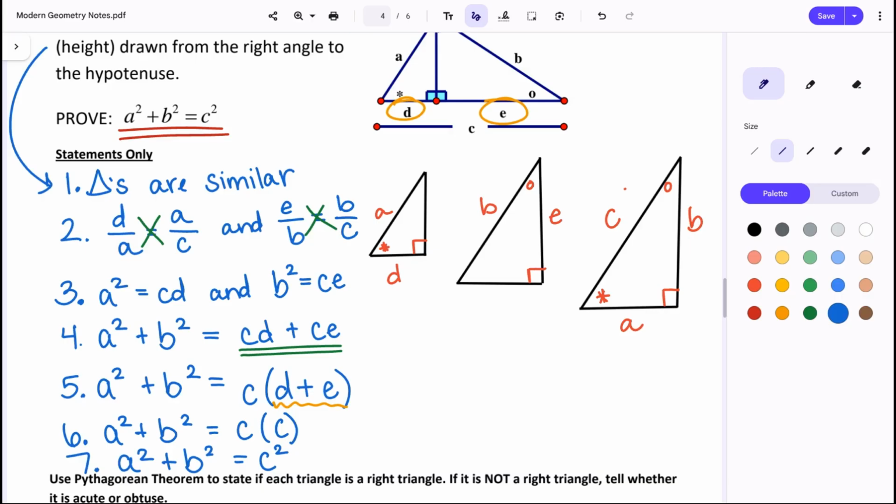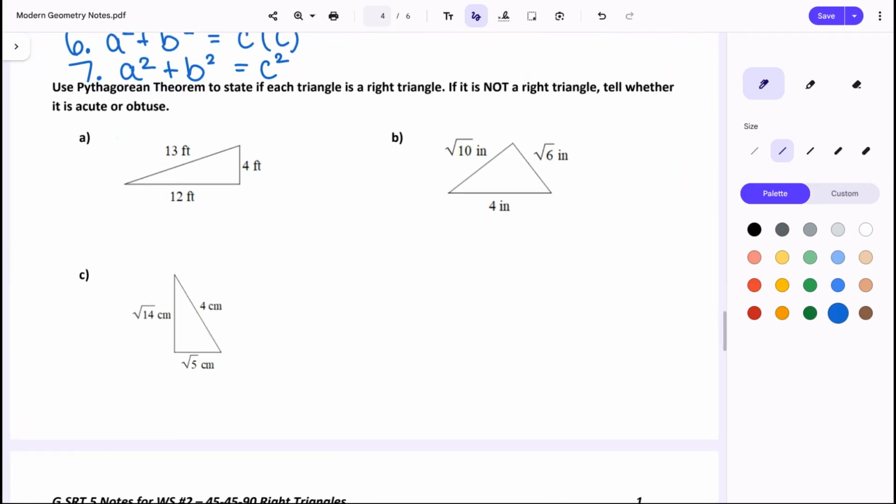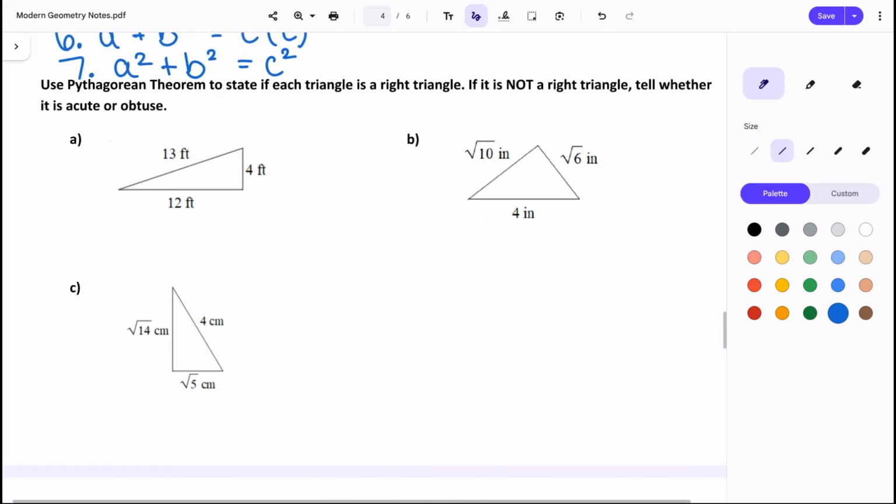All right, so we're going to move away now from the proof, and we're going to come down here to these last couple of examples. And what they're asking us to do down here is to use this thing called the Pythagorean theorem converse. Converse is a way in math, when we're talking about proofs, where you take the original idea that you had and you reverse it, okay?